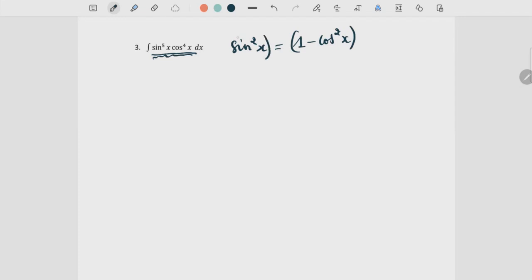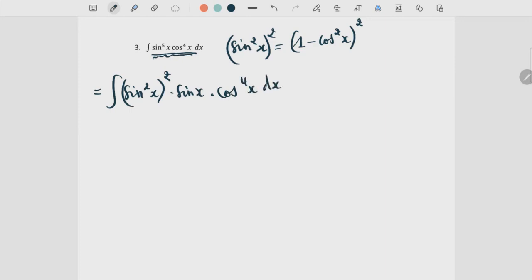And sine squared squared, which is sine to the 4, right, is therefore this squared. So let's use that. Let's split the sine. So you have sine squared x squared again, multiplied by sine x, multiplied by cos to the 4x dx. Hopefully you guys are following up to that point.